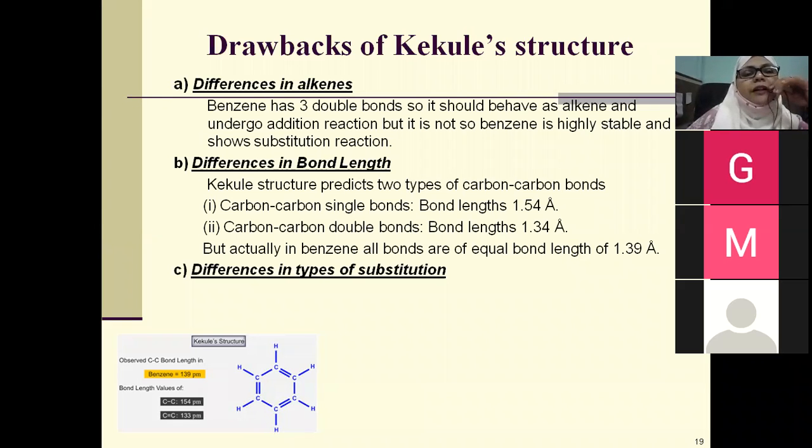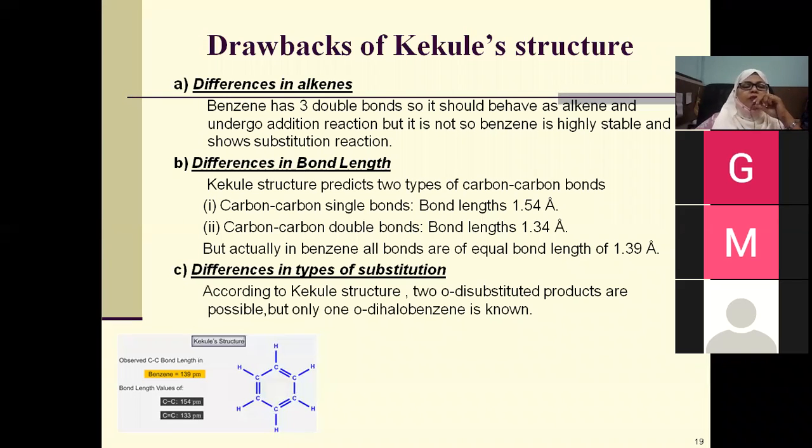Okay, now the third drawback is differences in type of substitution. Okay, so what we used to say is that first of all alkene should give addition reaction. Okay, but it is not giving addition, it is giving substitution reaction. But still in substitution reaction there is a difference in the type of substitution reaction. Okay, so according to Kekule's structure, two ortho disubstituted products are possible.